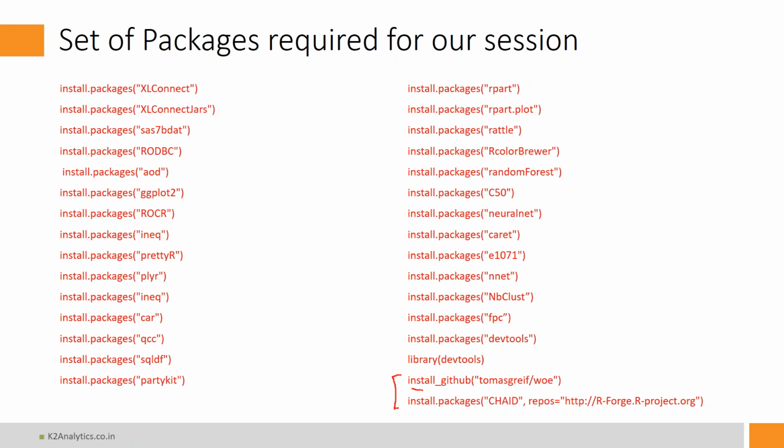Typically, you will see that companies allow access to CRAN. They will allow access to download packages from CRAN. Companies are not going to allow access to downloading packages from GitHub. Why? Because there is no one taking responsibility of the code that you're going to download from GitHub.